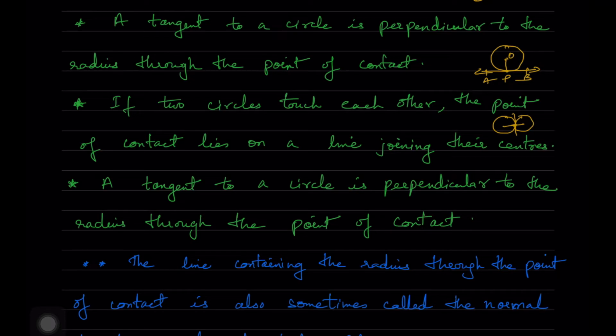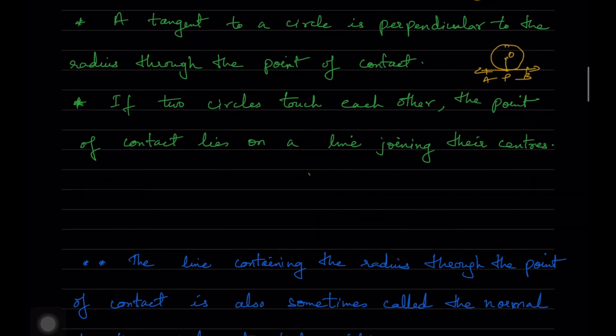Both of them are the same, so you don't need to write this. This is one circle, this is one more circle. Here this is the center of one circle and this is the center of the other. So if two circles touch each other, the point of contact lies on the line joining their centers.